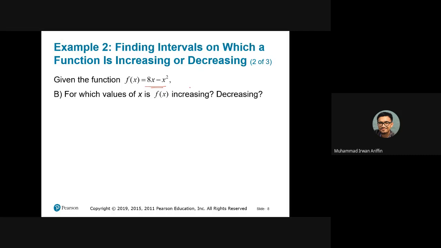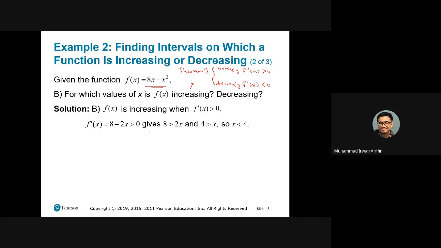Basically we need to refer back to theorem 1, which says that increasing happens when the slope is positive, while decreasing happens when the slope is negative. So based on our previous answer, we know this is the slope.